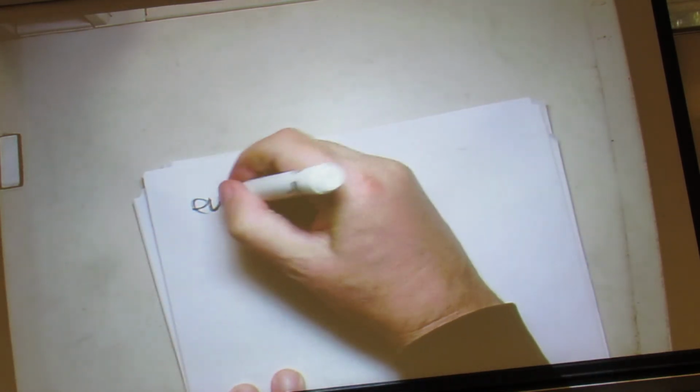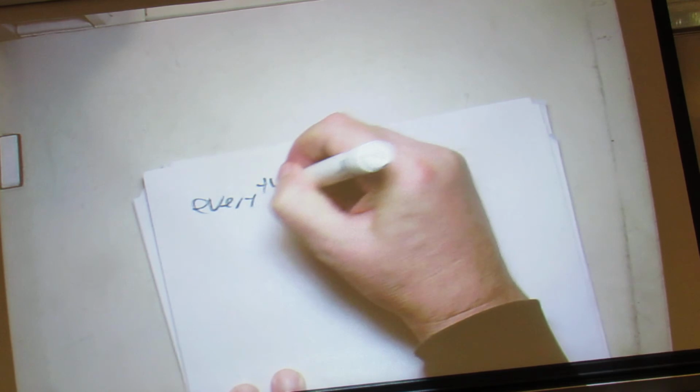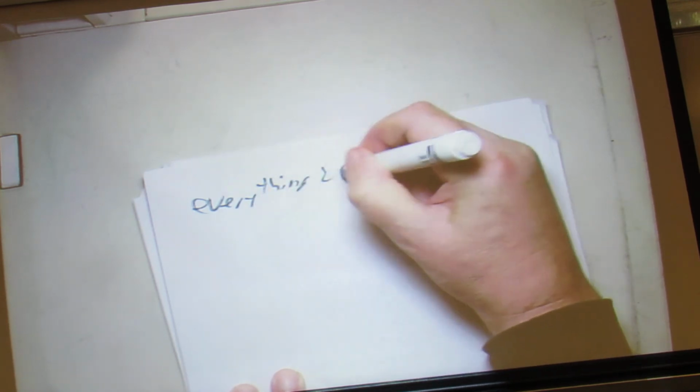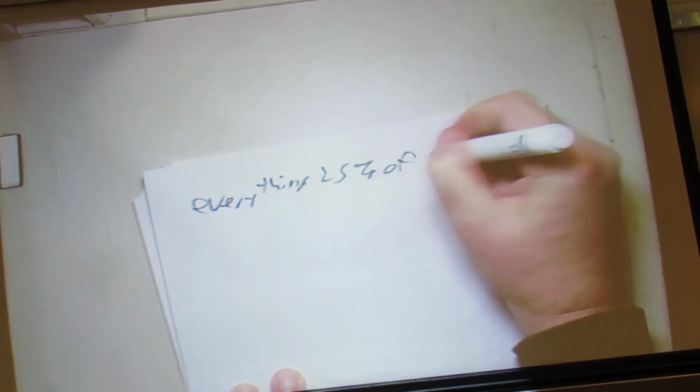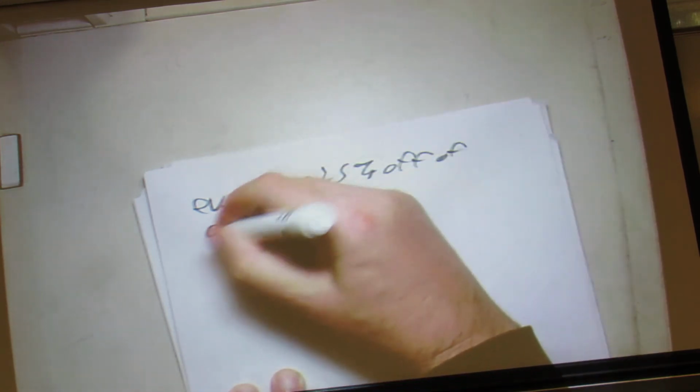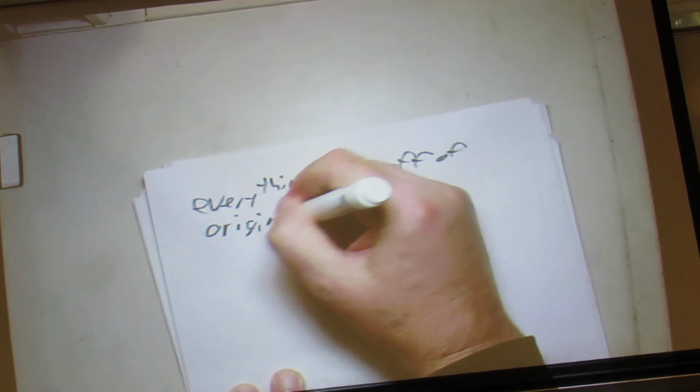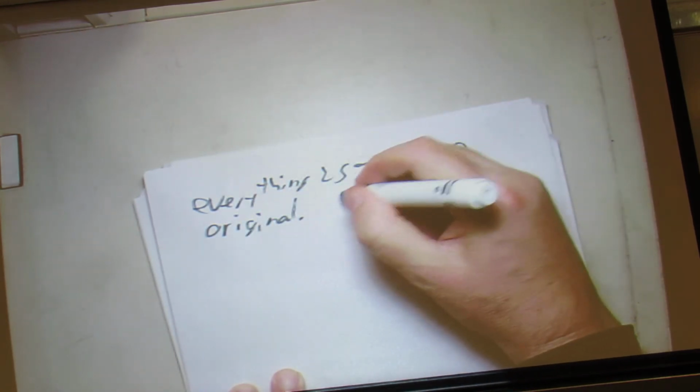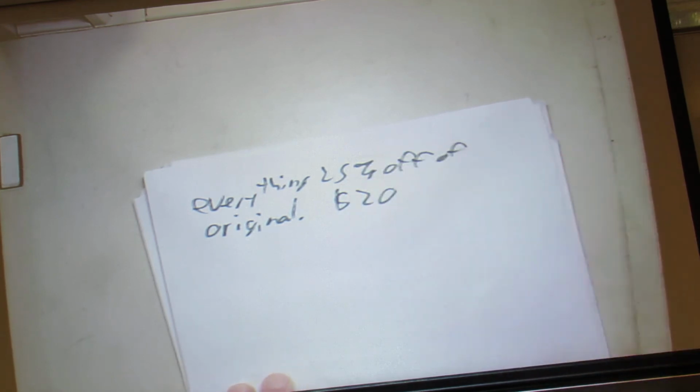Next, we're going to have some more word problems. If everything at a store is 25% off of the original price, and the item that you want is originally $20, how much will you have to pay?